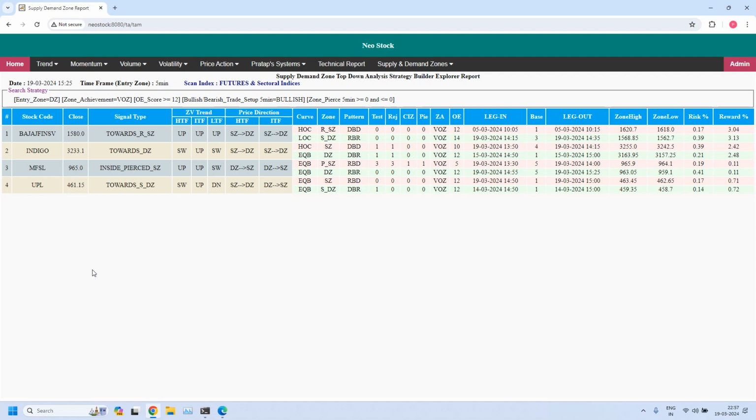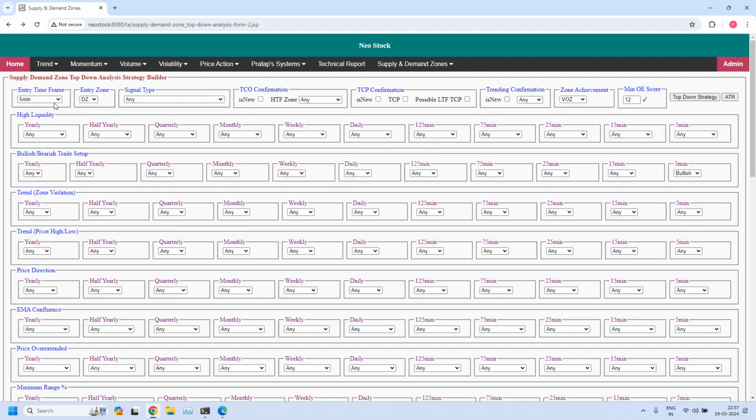Now let us generate bearish trade setup for hourly income trade. So I am going back. What changes do we have to do? Entry time frame is 5 minutes as it is, but here entry zone should be supply zone. And one more change we have to do. In 5 minutes we have to select bearish trade setup. Remaining all are the same: violated opposing zone, min odd enhancer score.